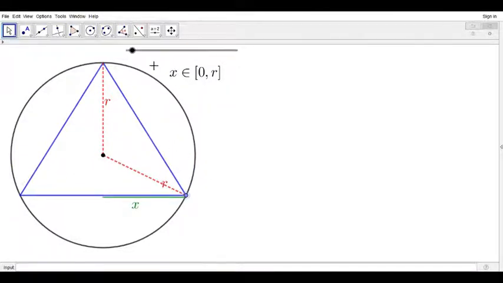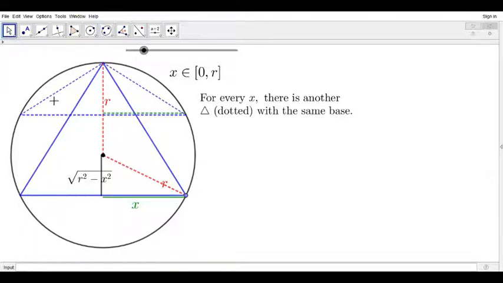There's one thing I'd like to point out, because a particular value of x can be shared by two triangles. So what I'm saying is that this blue triangle has a twin, all right?